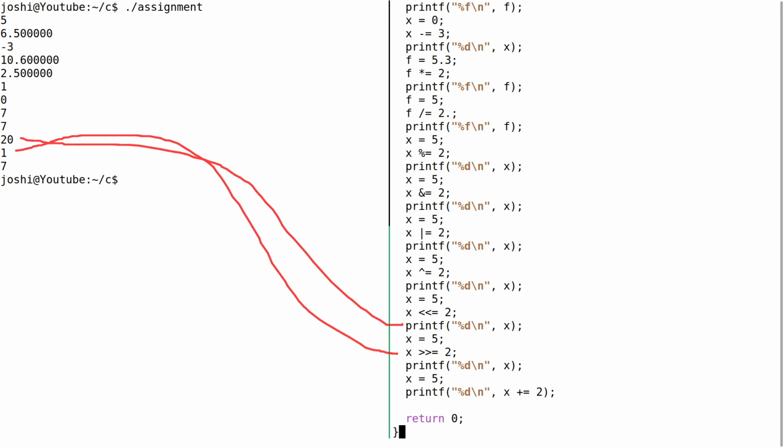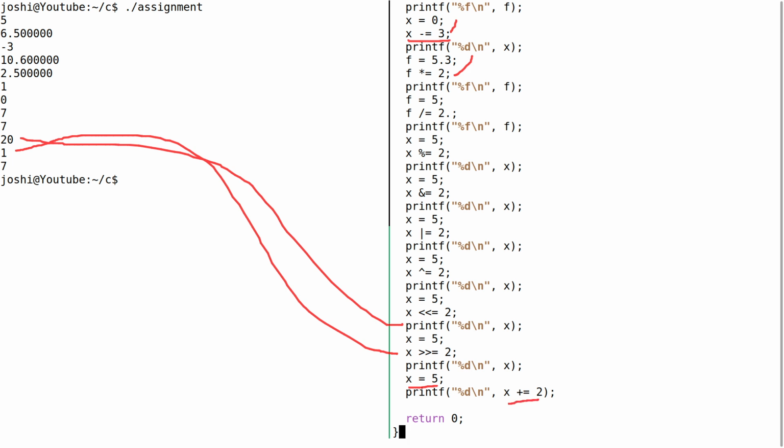The last statement I have written intentionally, to show that we need not write this statement on a separate line. I could have written it here also. Similarly this here also, but we can write it inside the parentheses of the printf statement itself, which I have already done here. So x equal to 5, printf %d\n x plus equal to 2.